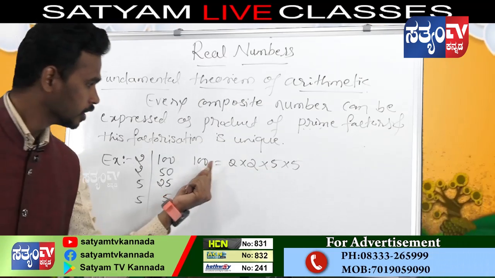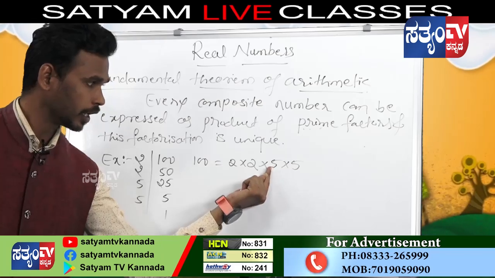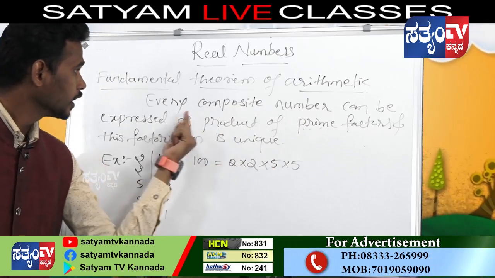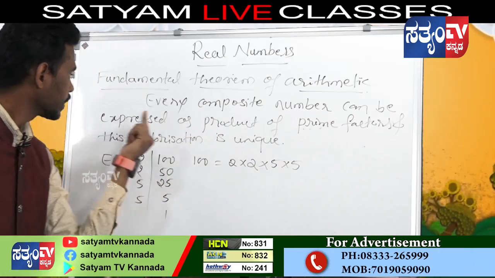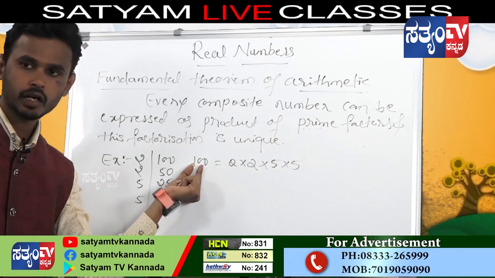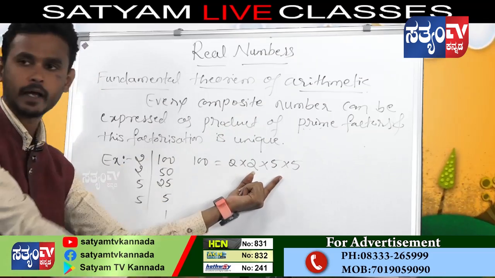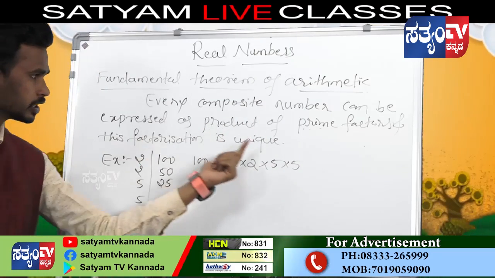So let's see, 100 contains prime factors only. 2 is prime and 5 is also prime. So every composite number can be expressed as a product of prime factors. 100 is a composite number and it can be expressed as a product of prime factors, and this factorization is unique.